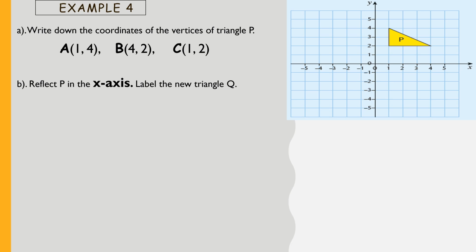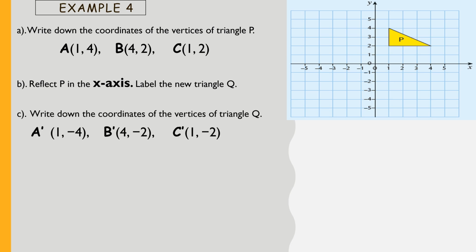The next question says reflect P in the x-axis. Label the new triangle Q. Remember the rules: to reflect P in the x-axis, the x coordinate remains the same while you multiply the y coordinate by -1. So that will give you 1, -4, 4, -2, and 1, -2.